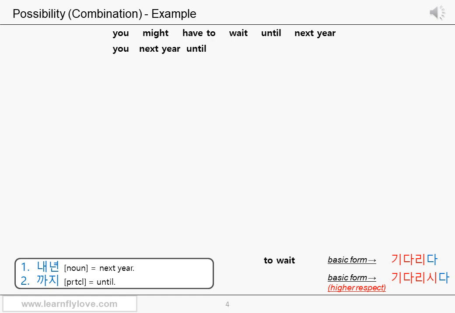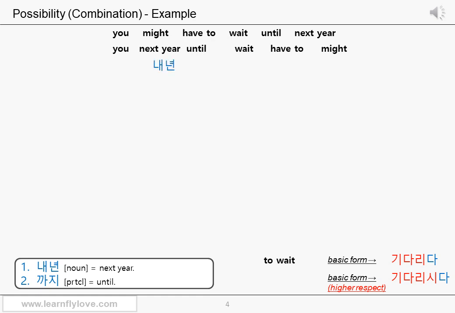And then the predicate part comes. You can put the main verb wait first, and then put the necessity part have to, and then put your final judgment might, which expresses possibility, at the end. You, next year until, wait have to might. Let's not translate the subject you, as we don't normally.